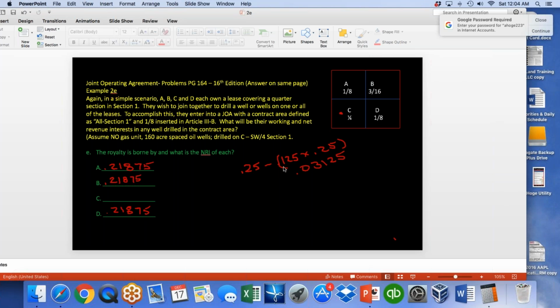So instead of him having the same calculation, he's going to have 0.125 times 0.25 plus the additional 1/8, because his royalty owner is over by 1/8. So the 1/8 and the 1/8 equals 0.125.